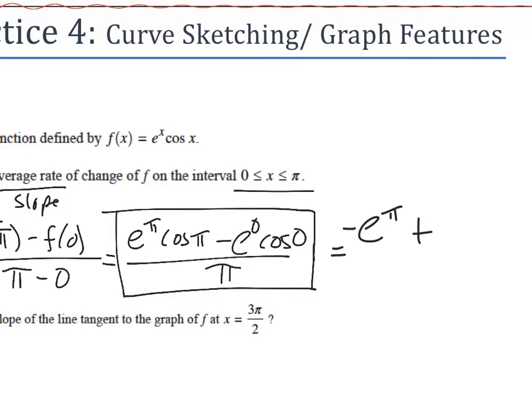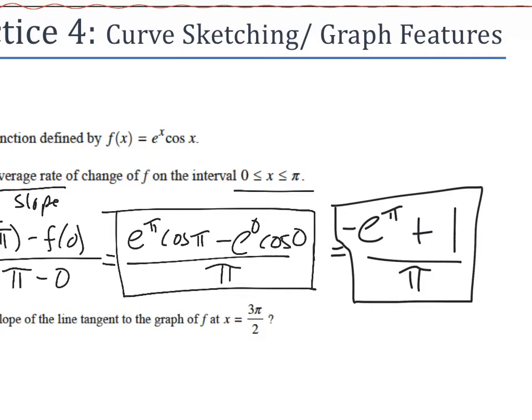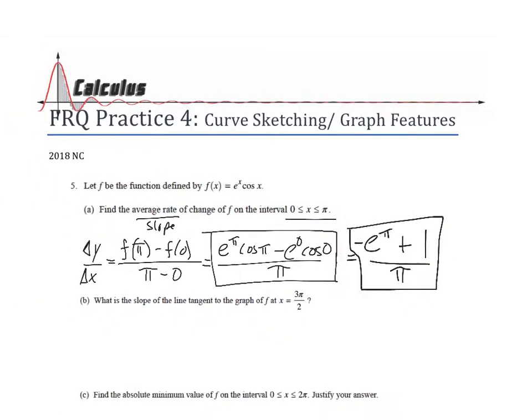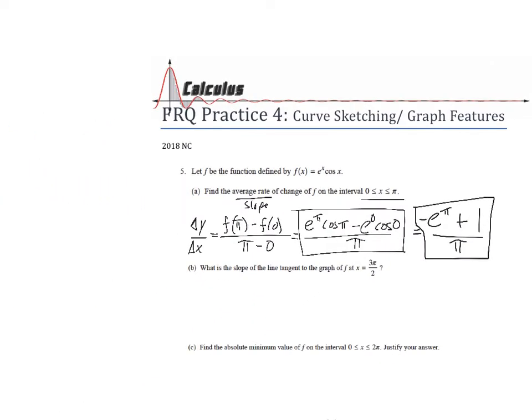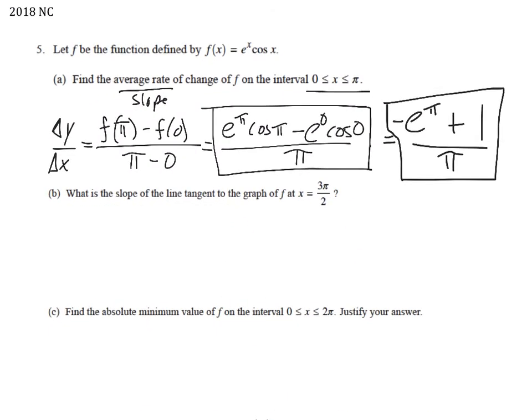Anything to the 0 is 1. Cosine of 0 is positive 1. So this is 1 all over pi. That would be a good answer there. This is a no calculator problem, so we're not expected to get a decimal. We wouldn't necessarily need one anyways if it was a calculator problem.